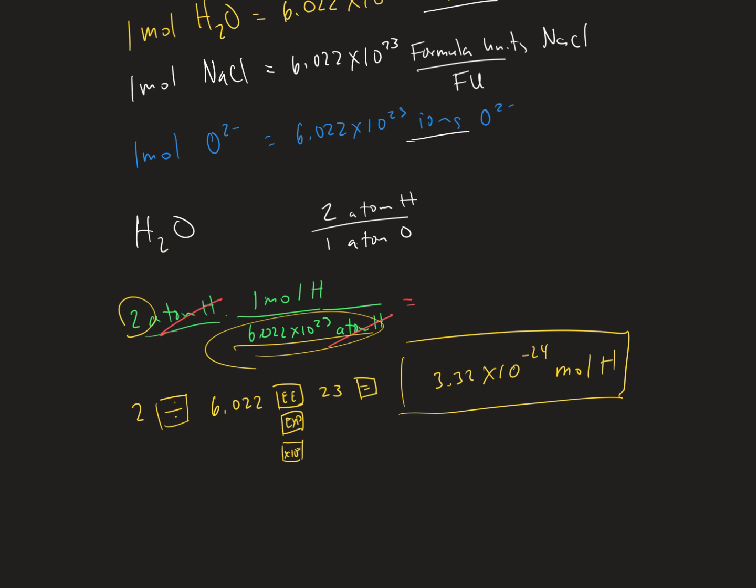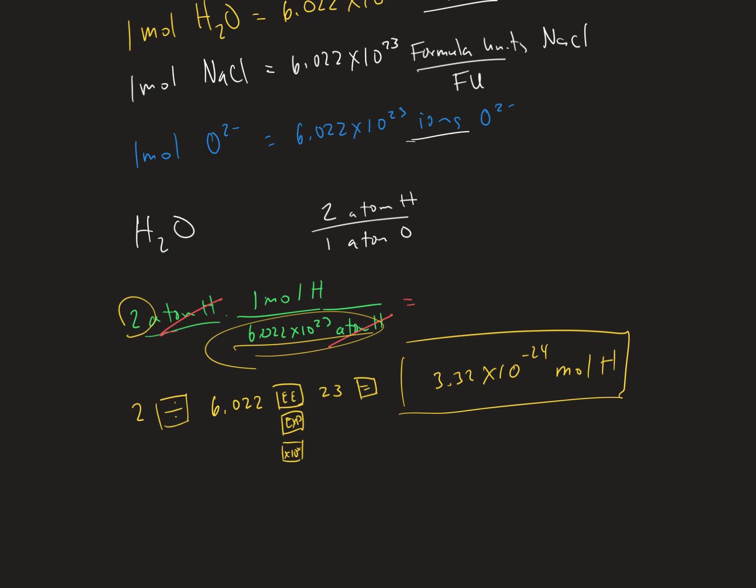So do 2 divided by parentheses, 6.022 times 10 to the 23, and you have to push this over to get out of the exponent. Then you put parentheses around the 6.022 times 10 to the 23. After divided, you have to put in parentheses.